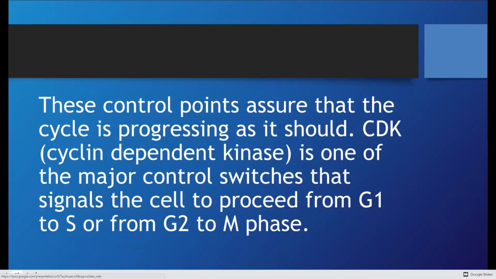These control points assure that the cell cycle is progressing as it should. CDK, or cyclin dependent kinase, is one of the major control switches that signal the cell to proceed from G1 to S or from G2 to M phase.